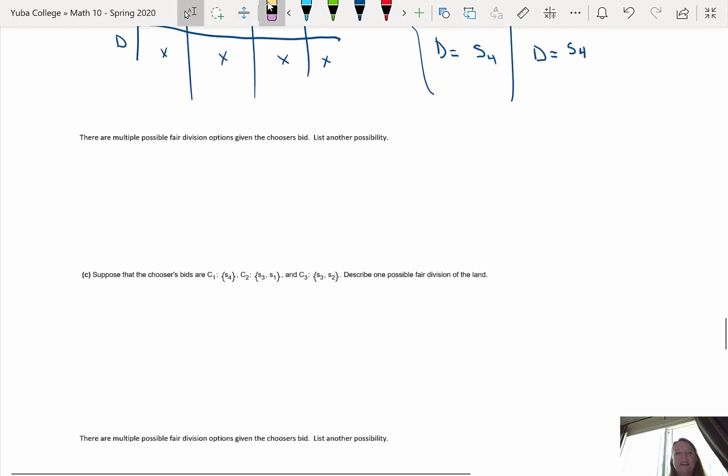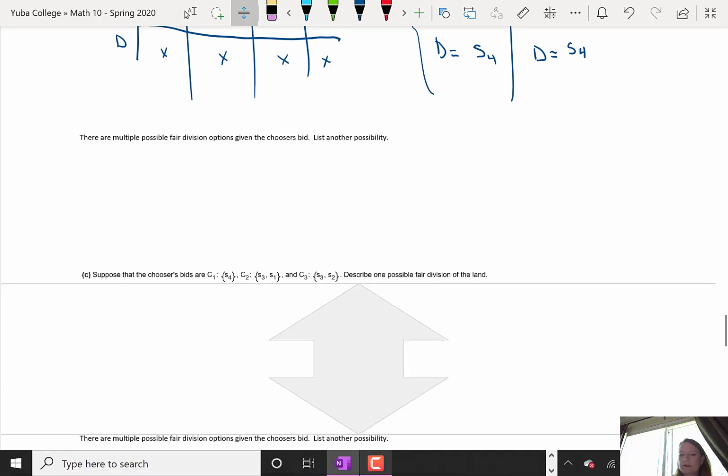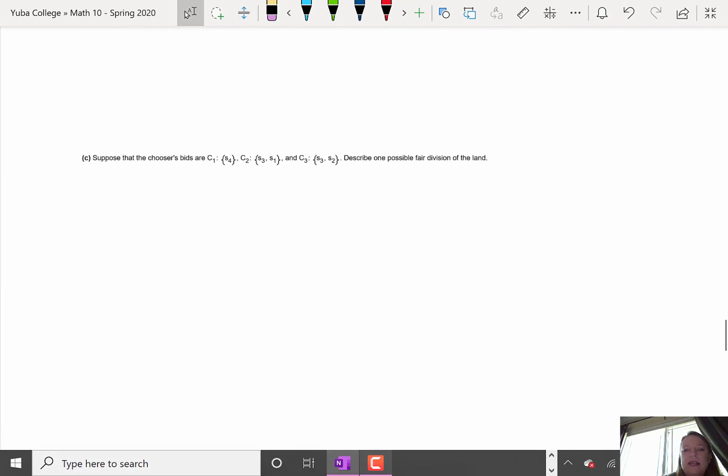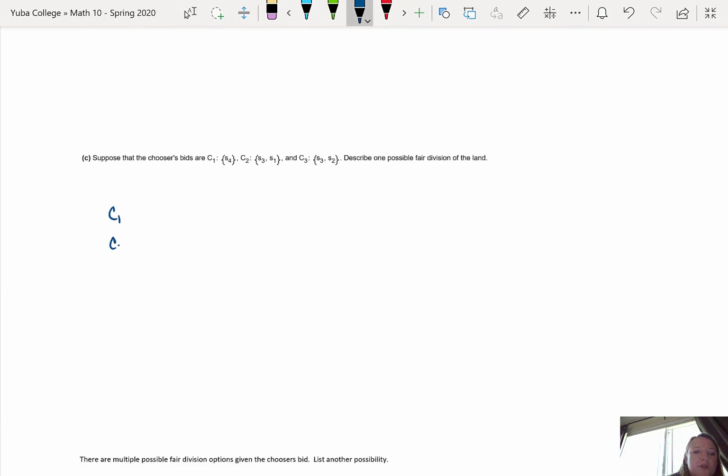Okay, so let's say that chooser 1 only believes there's only one fair lot or piece of land. So again, let's make our chart. So we have chooser 1, chooser 2, chooser 3, and the divider. Lot 1, S sub 1, lot 2, S sub 2, lot 3, S sub 3, lot 4, S sub 4.